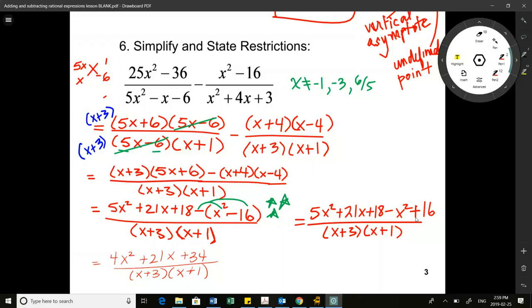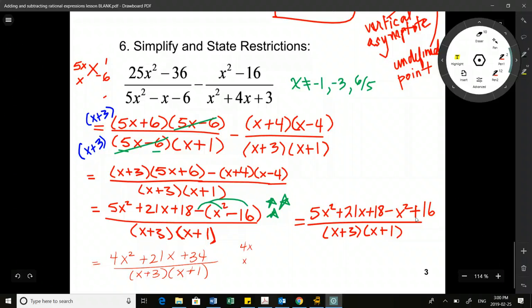I think that was right. Let me just see. 4 times 34. So I'm looking for things that could potentially multiply to 136 and add to 21. Is this going to happen? I actually don't know. So we need to figure out.